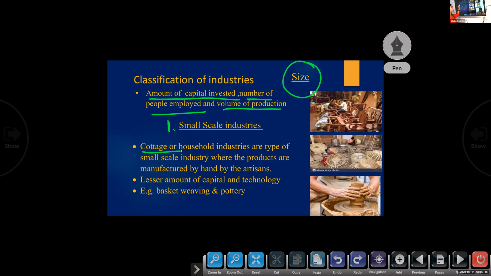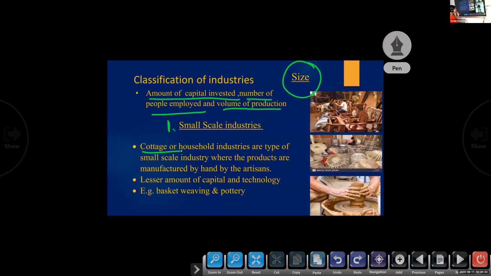A few number of workers are there in cottage or household industries. Lesser amount of capital is required in cottage industry. Clear? Cottage industry operates from home.